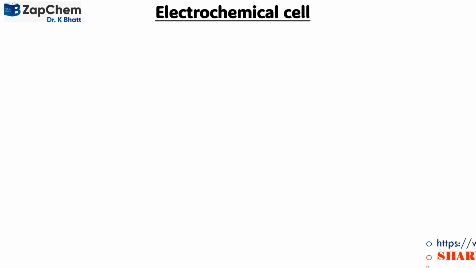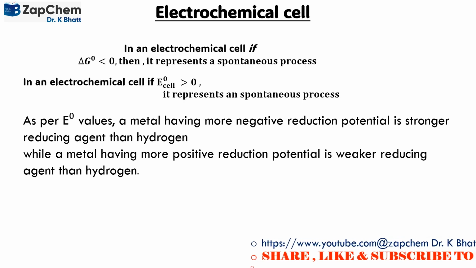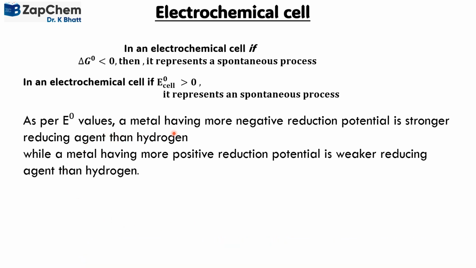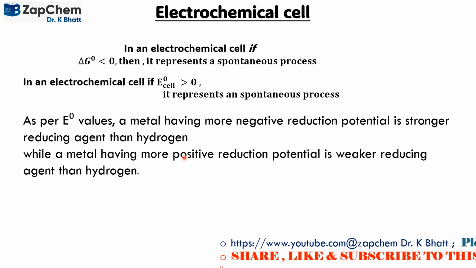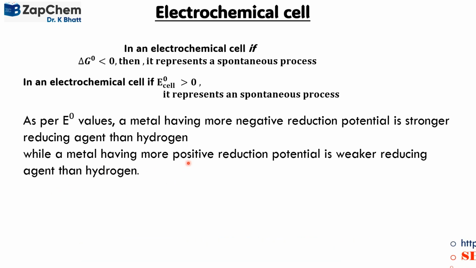The outcome of all this, as per the E0 value, is that a metal having a more negative reduction potential is a stronger reducing agent than hydrogen, while a metal having a more positive reduction potential is a weaker reducing agent than hydrogen.